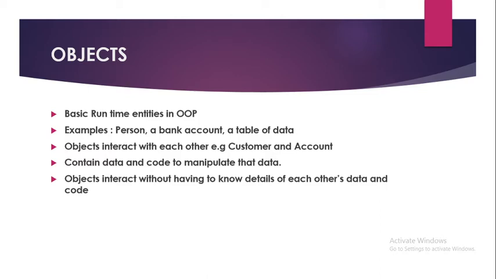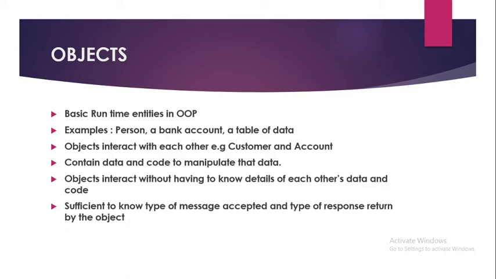The customer has to provide the account number to the account object, so that he can get his balance as a return. So while the objects interact with each other, they do not see the remaining data items associated with each object, or the code associated with that object.